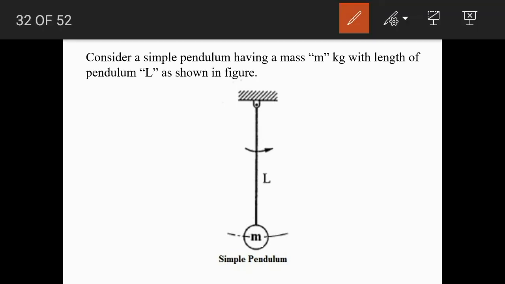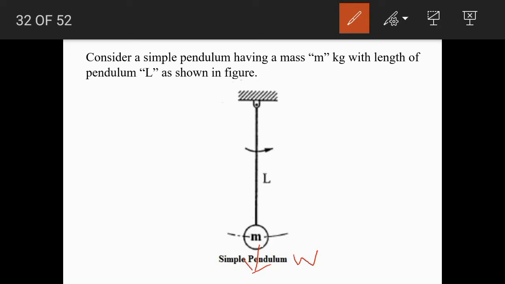In this condition, the system is subjected to two forces. First, due to the mass, its weight W, which is equal to mass into gravitational acceleration g.